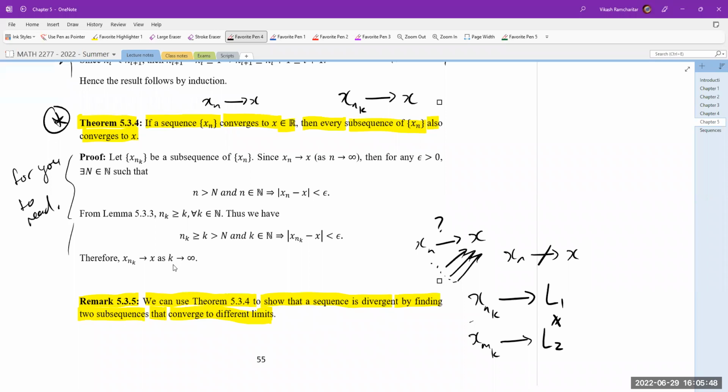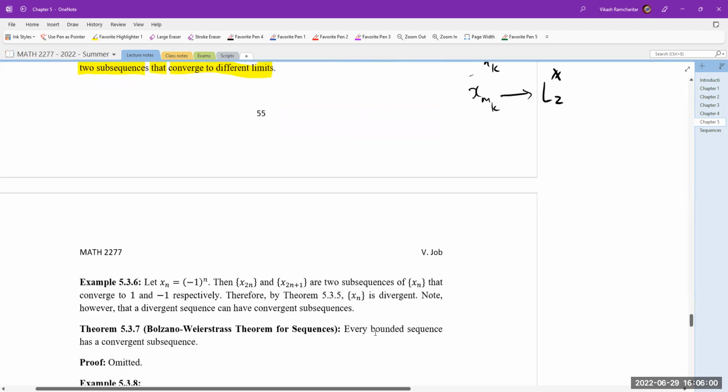Because if it was convergent, then all the subsequences would converge to the same value. So it gives us a very clever way to check if a sequence is divergent.